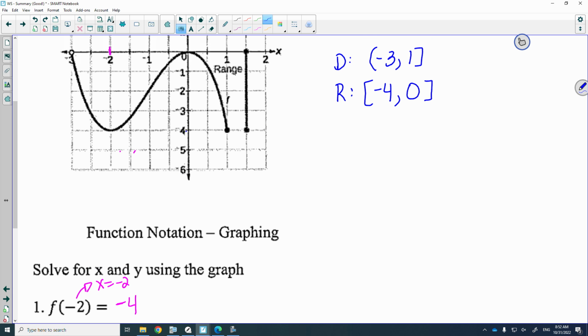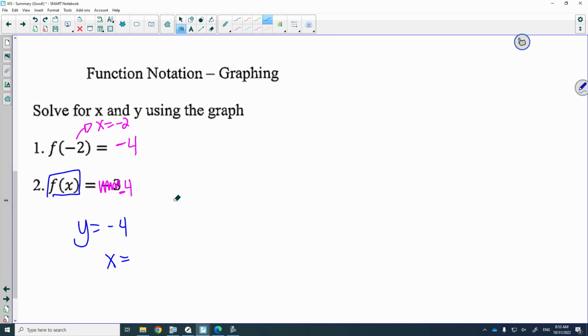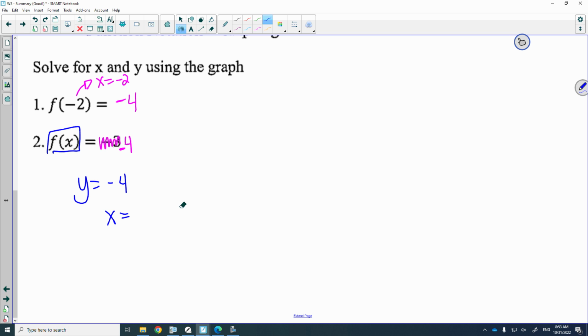Here's negative 4. There's an x value here at 1, right? And here. So you said negative 2 and 1.